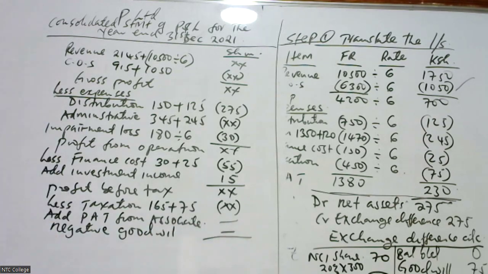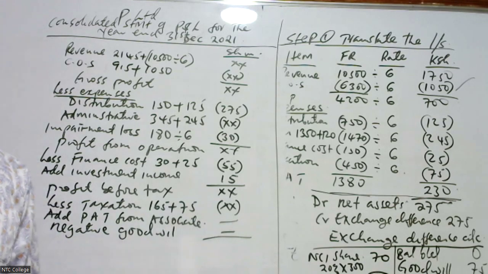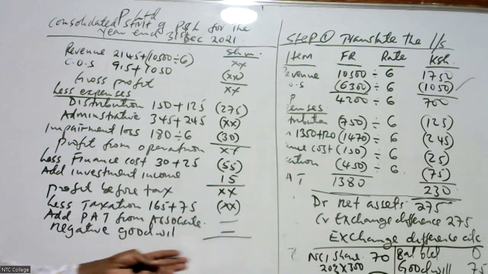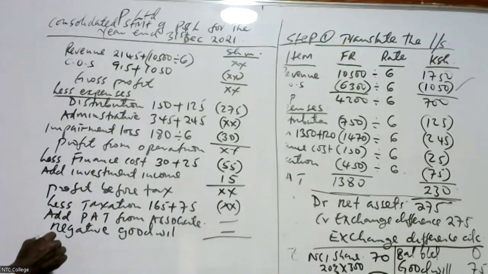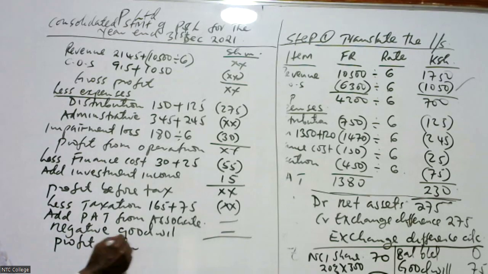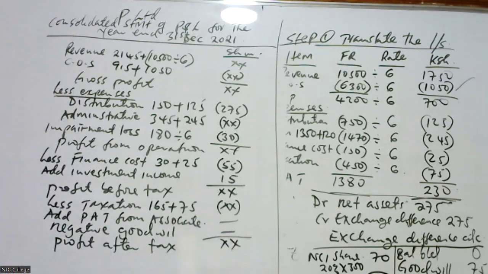I'm not complicating the question. I'm just showing you that in other questions, you might get those items. When you get them, you just put it there. Then we get profit after tax.